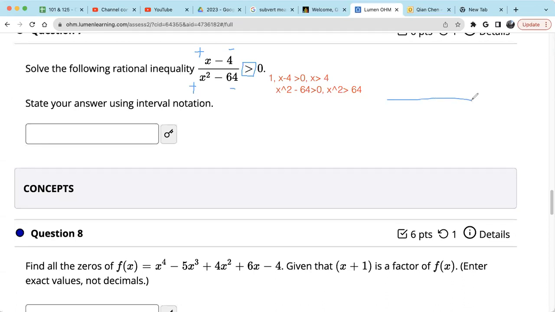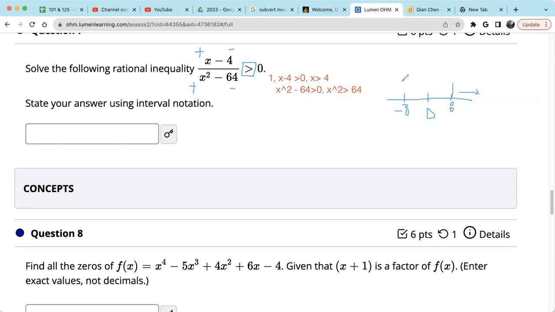Because x can be negative or positive, right? This is 0 here. And 64, square root of 64 is 8. So either 8 or negative 8. If x is positive, for its square to be greater than 64, x has to be greater than 8.